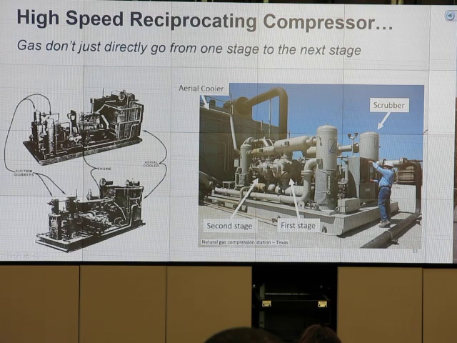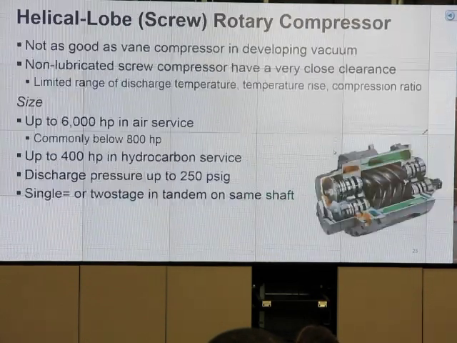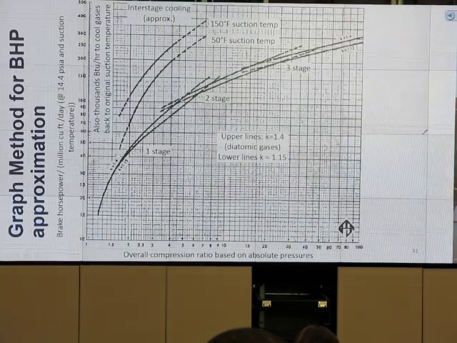Number of stage. By now does anyone get confused about number of stage for the compressor? Max stage, how many stages can we have?